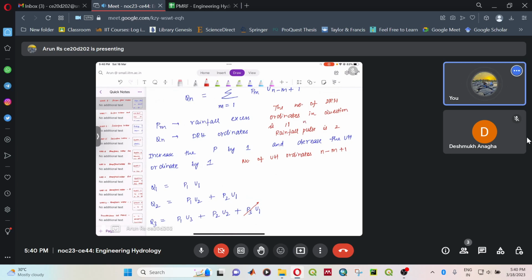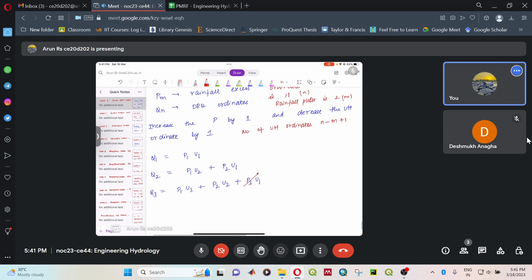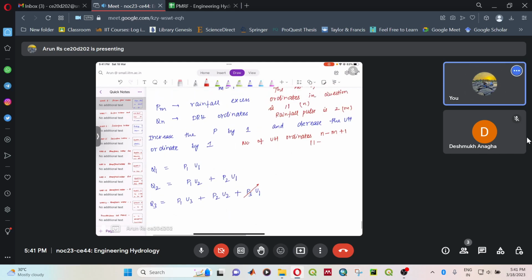So here, this is n, this is m. So it will be 11 minus 2 plus 1. That will be 10 ordinates.